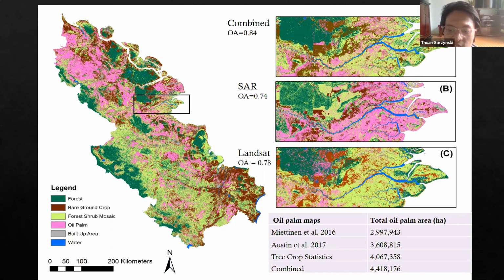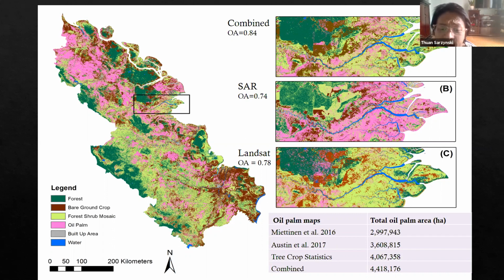And those two classifications had their own estimation for oil palm. And so our classification with the combined two data sets gave a higher estimation than the two other classifications, Miettinen and Austin. And our classification also gave a higher estimation than the tree crop statistics, the official statistics from the Indonesian government.